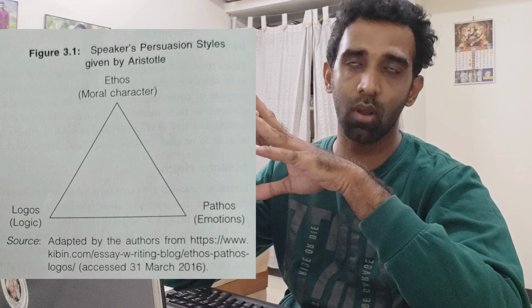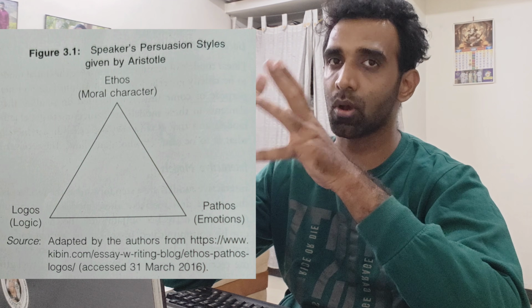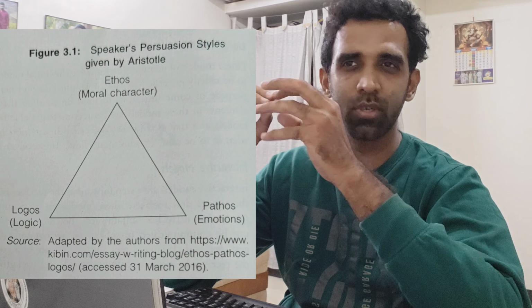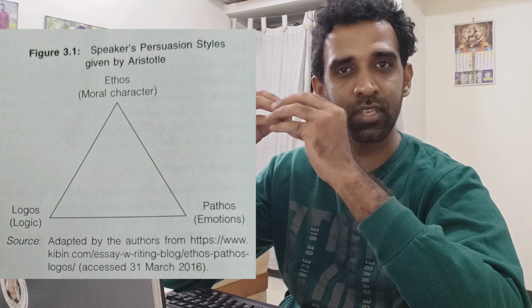Pathos is emotions, which is about influencing the audience. These are the 3 persuasion styles suggested by Aristotle to influence the minds of the listeners. So this is the Aristotle model.